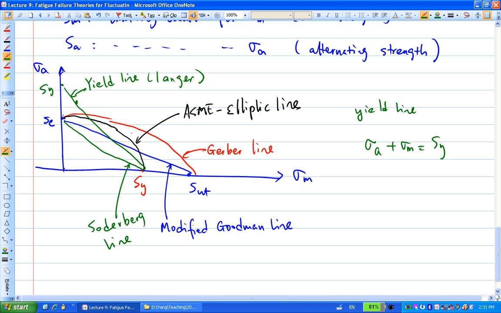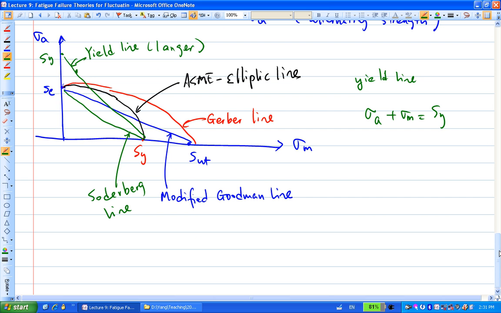Not just set it to 1, but also change those sigma a, sigma m into SA and SM. That'll be the line equation. For example, this modified Goodman line would be SA over SE plus SM over SUT equal to 1. So that's the line equation.